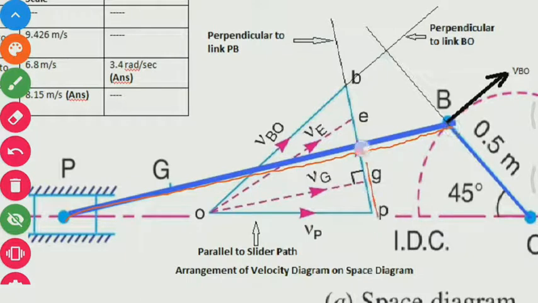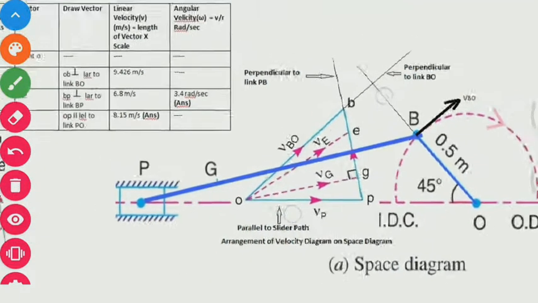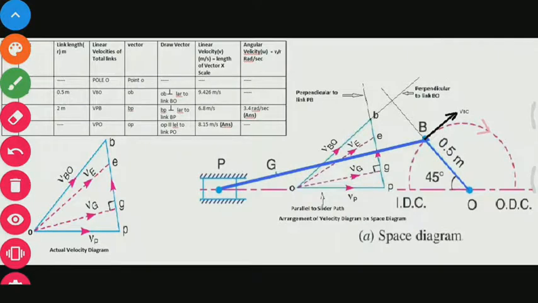Similarly, we can draw the vector BP perpendicular to link PB also. Now this is the path of slider. PO is along line PO. We can draw the vector OP parallel to the path of slider and show the direction. So in this way we can arrange the velocity diagram on the space diagram itself.